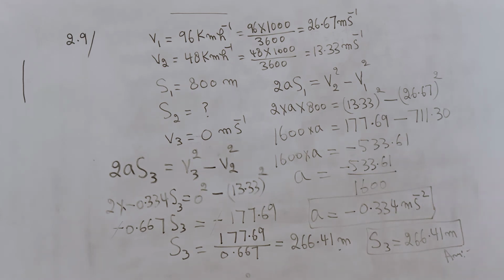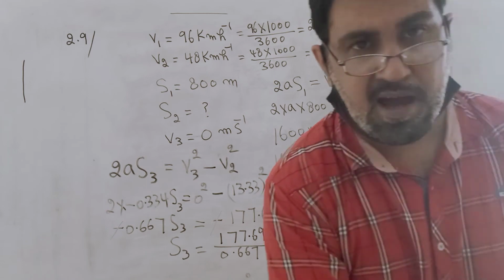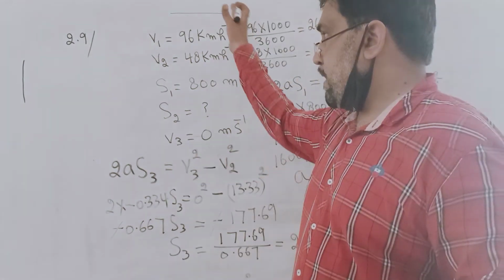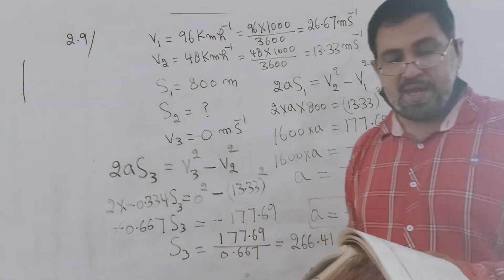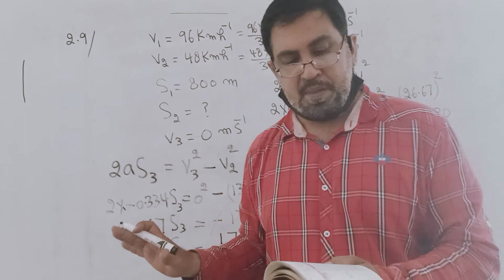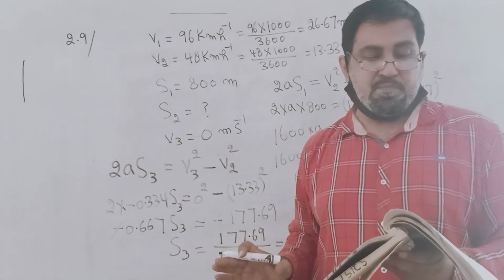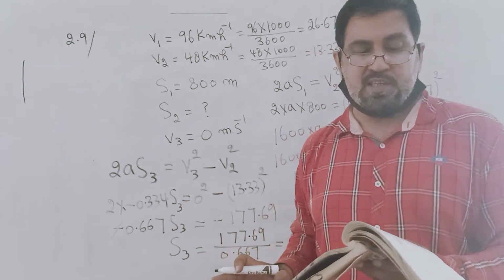Next, question number 10, the last one. In the same numerical, the data is same. In the above problem, find the time taken by the train to stop after the application of brake.